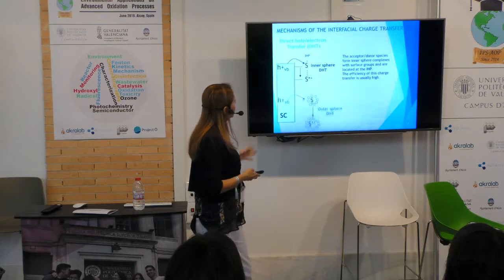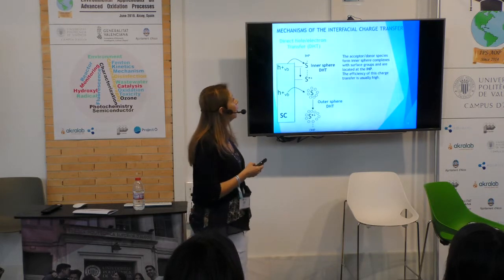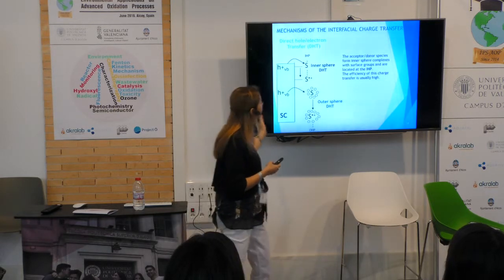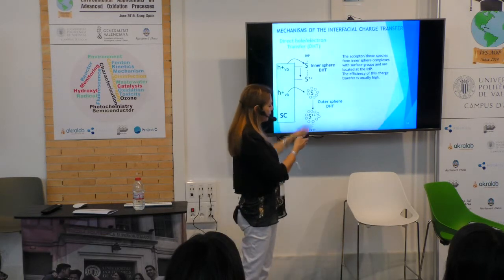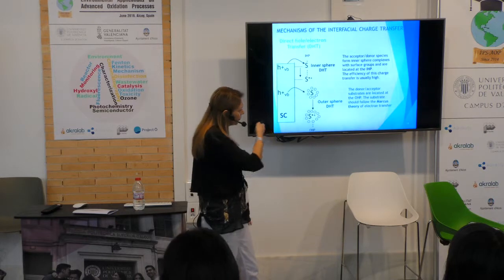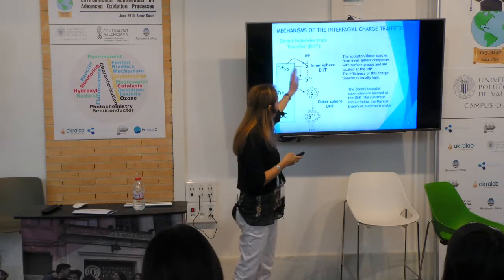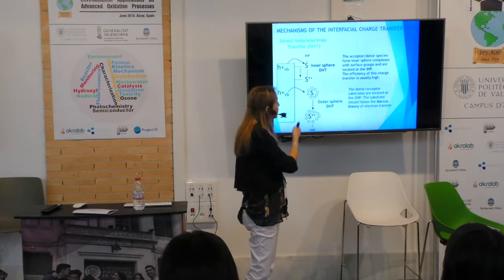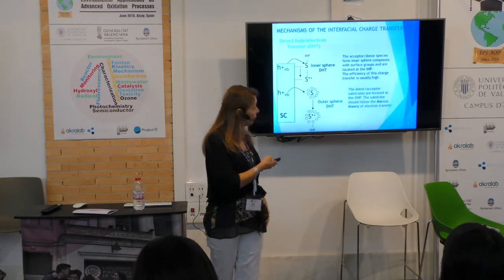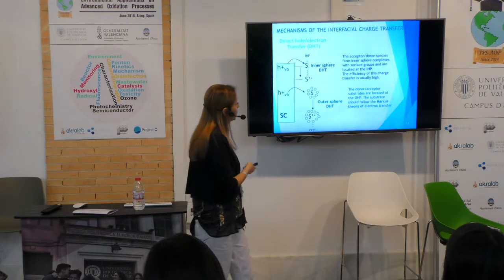The second case is again a direct hole-electron transfer, but in this case it occurs in the outer sphere, so in the second layer, the outer layer. Again, we can have a charge transfer, and the transfer of electrons follows the Marcus theory.